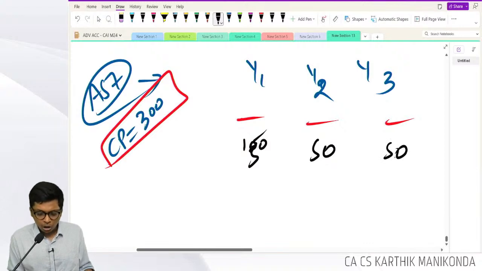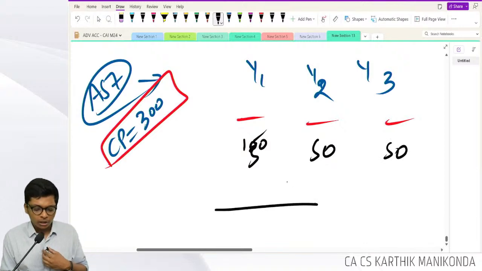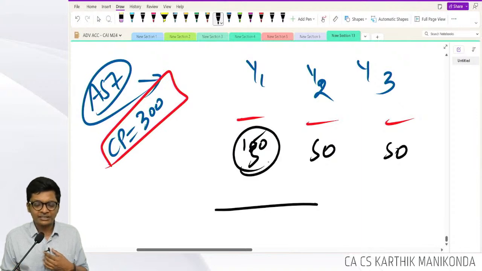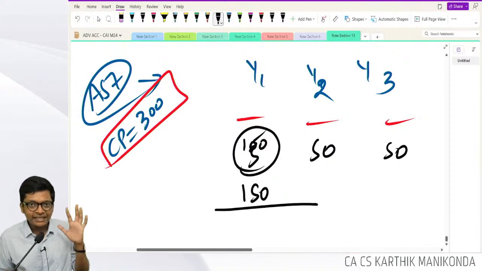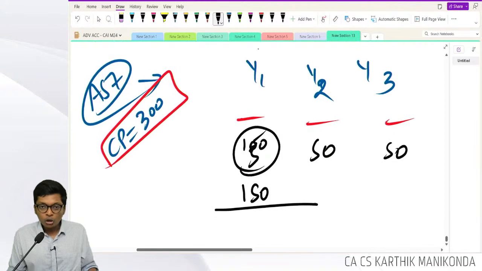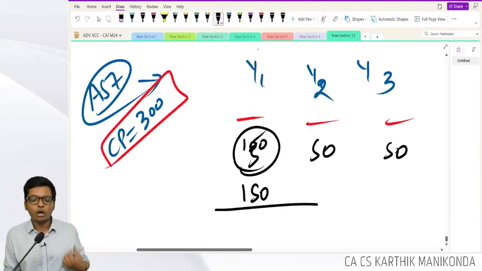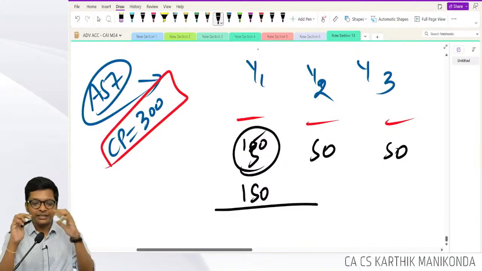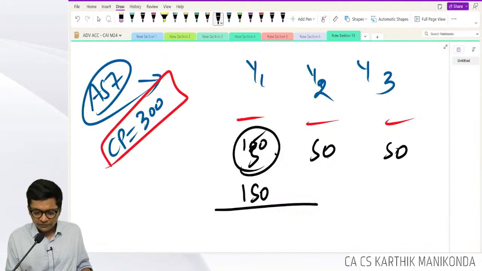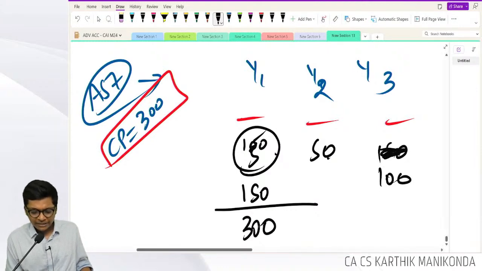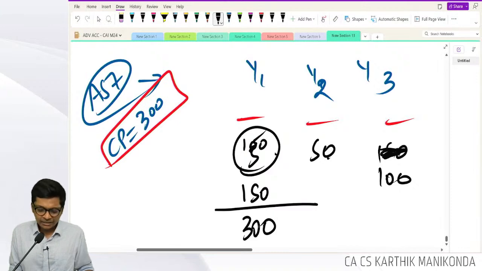What is the cost incurred in the first year? Step 1, cost incurred till date, divided by the total cost to be incurred on this project. Total cost to be incurred on this project is 150 plus 50 plus 50, 300. So total cost to be incurred is 300, and I incurred 150.